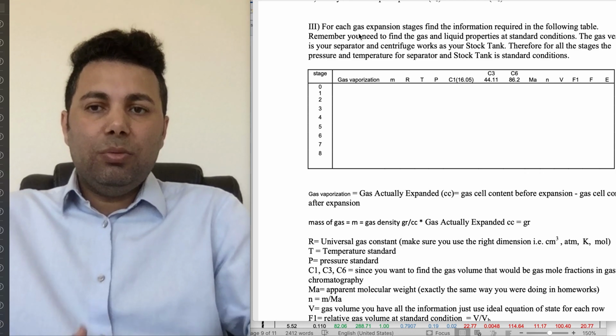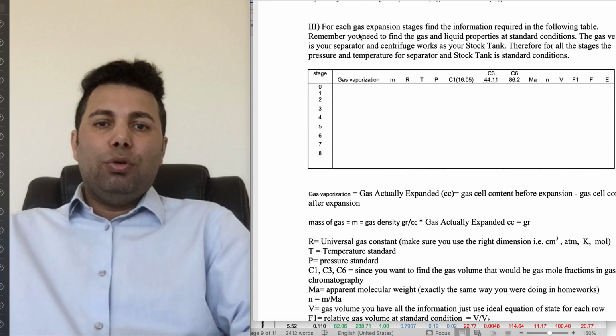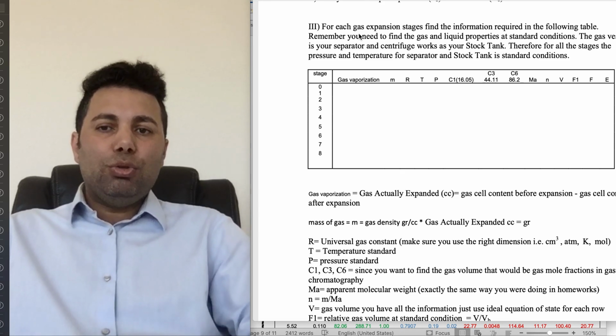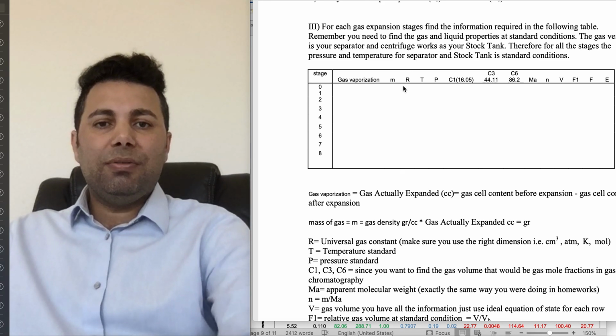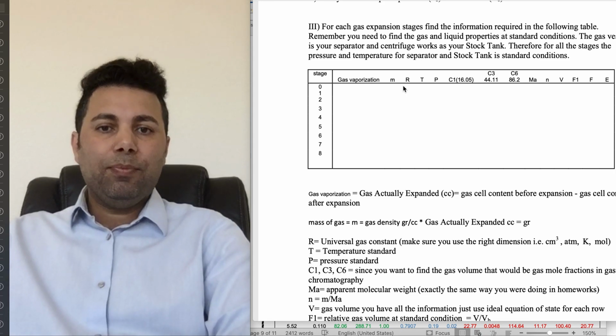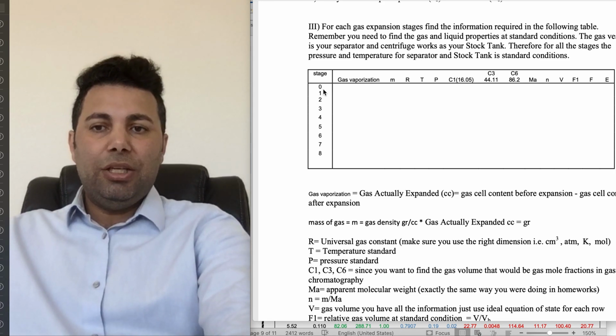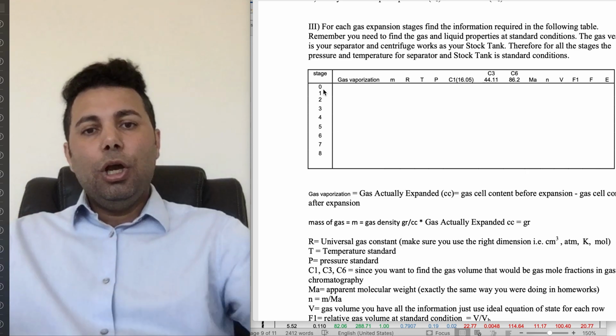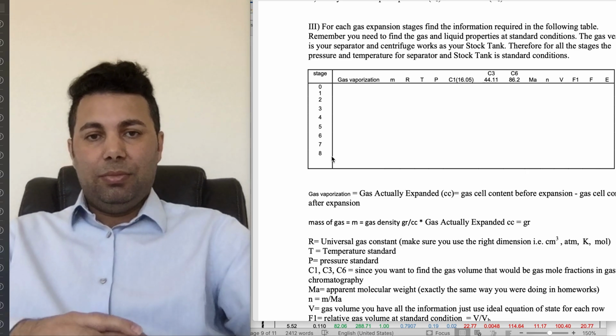The data associated with 8 gas expansions. So when you have those 8 gas expansions, you need to generate your table of differential vaporization test, okay? So this table starts from stage 0, which is basically your bubble point, all the way to stage 8, okay?